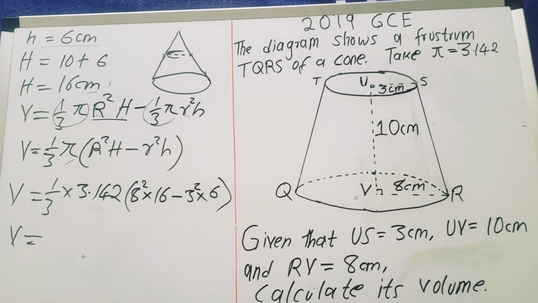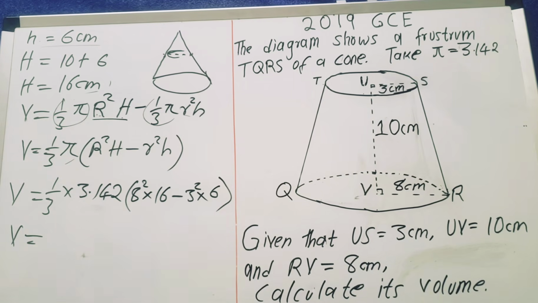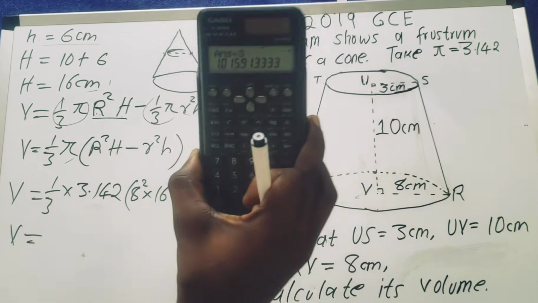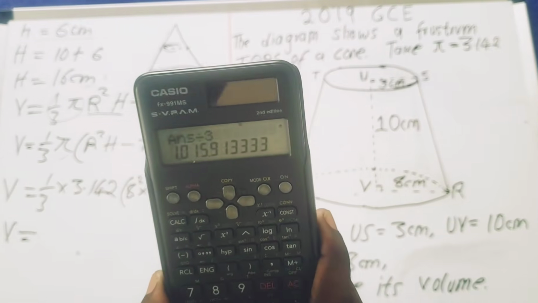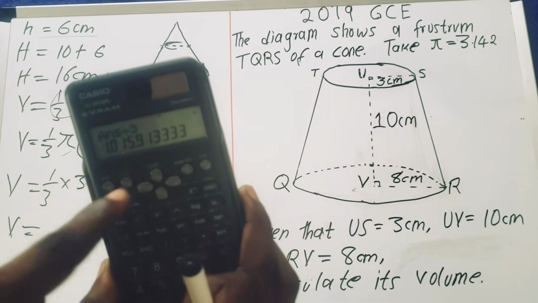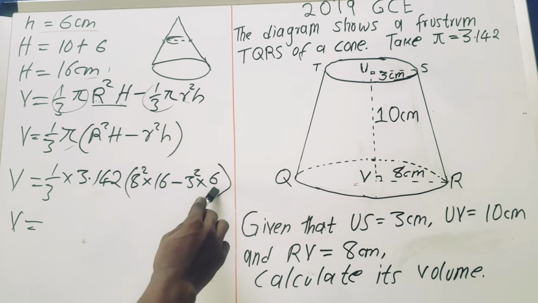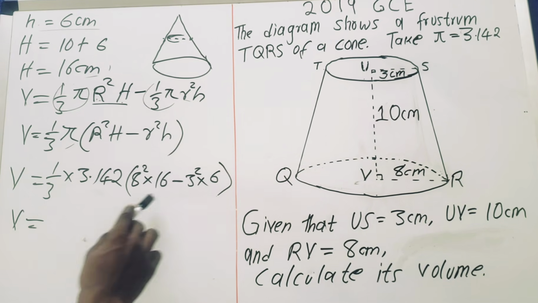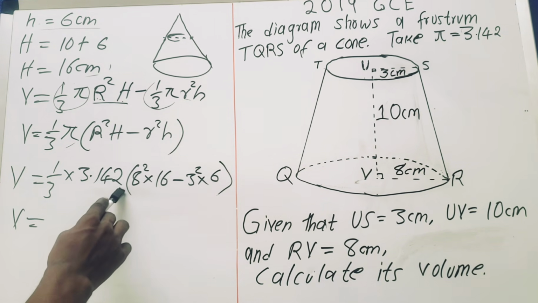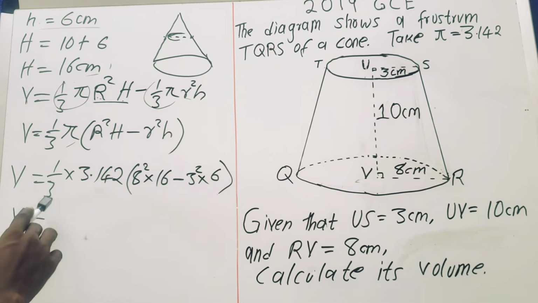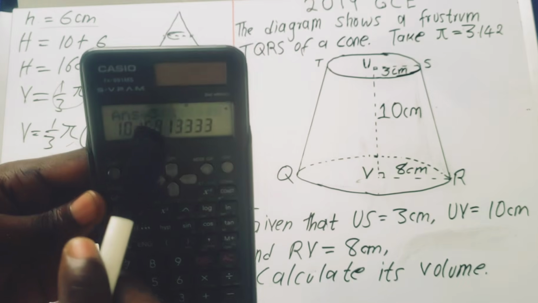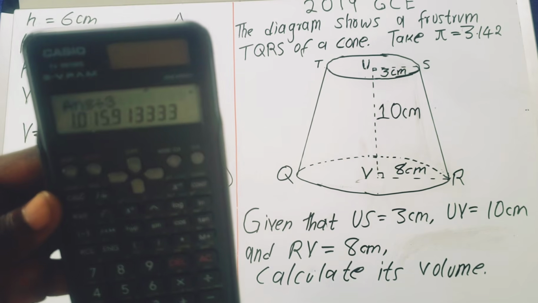So after working this, here is my calculator, you can see the answer here. I started by multiplying this minus multiplying this. This gives me 970 multiplied by 3.142, then divide by 3. This is the answer it has given me.